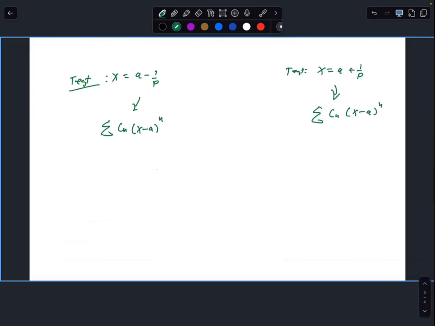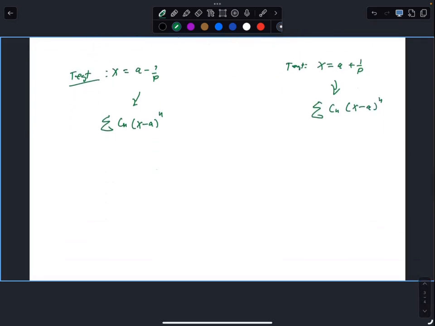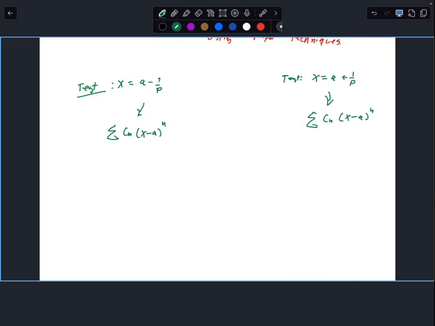Once again, you are using those techniques from our previous lecture. You plug that in, and then you have to go through your checklist: nth term test, alternating series test, geometric series test, telescoping, comparison test, all of those.